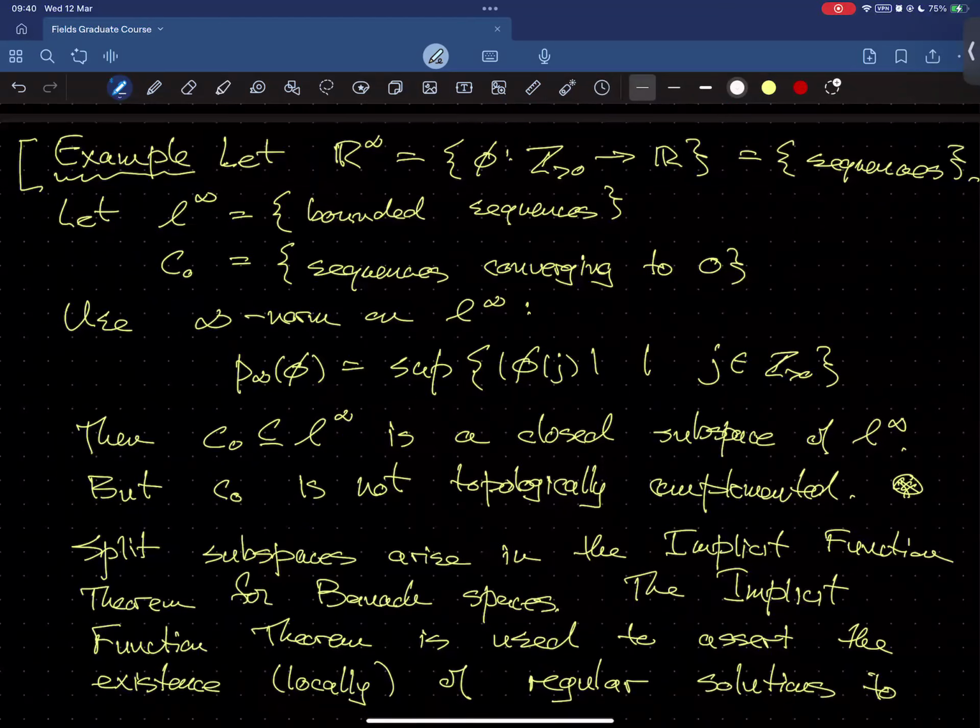Implicit function theorems, and the absence of these for general locally convex spaces. It's one that's kind of deep and one that we're not going to be able to get into in any meaningful way in a course like this. Okay, good.